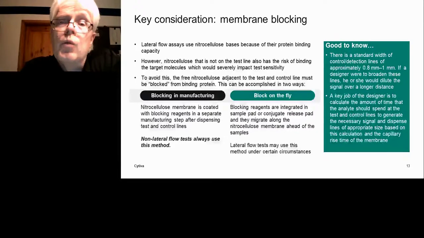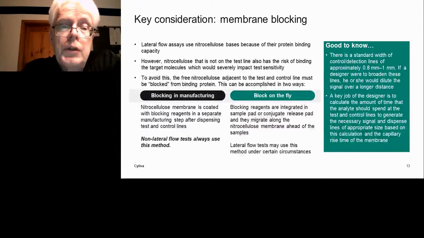This membrane would bind anything it finds in your sample liquid, your target, your detector reagent, whatever you offer. That means you will have to block these free areas in order to prevent them from interacting with your target or your detector. And there are two options.